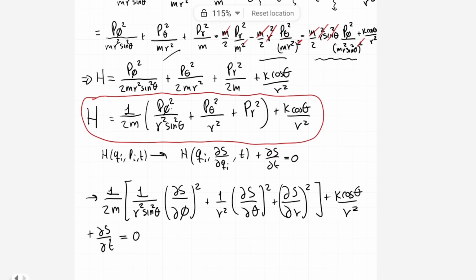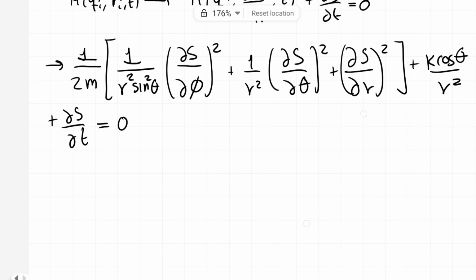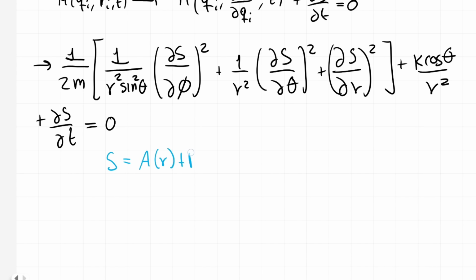So what I want you to notice in the Hamiltonian expression is that we do not have an explicit dependence on phi and t. It only depends on r and theta, but not on phi and t. So that means that we can propose a solution for the Hamilton-Jacobi equation of the form A of r plus B of theta plus p2 phi minus p1 t.